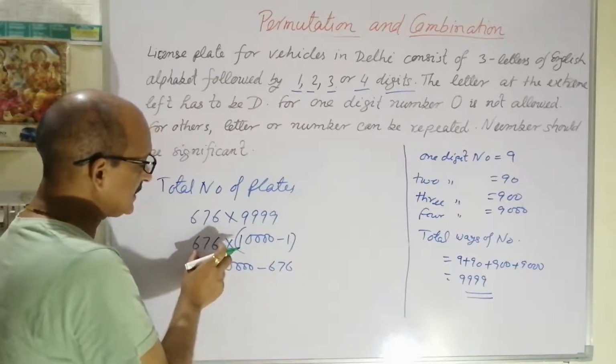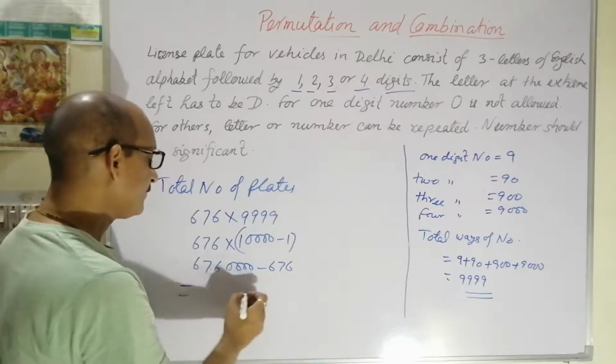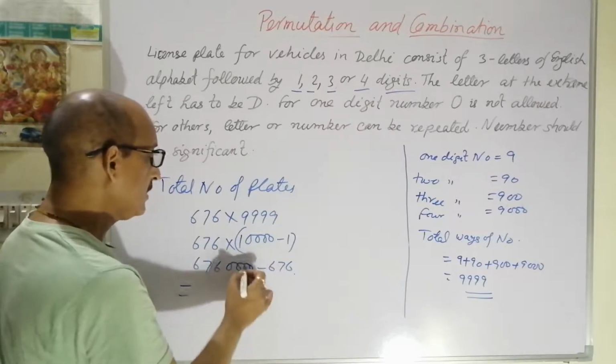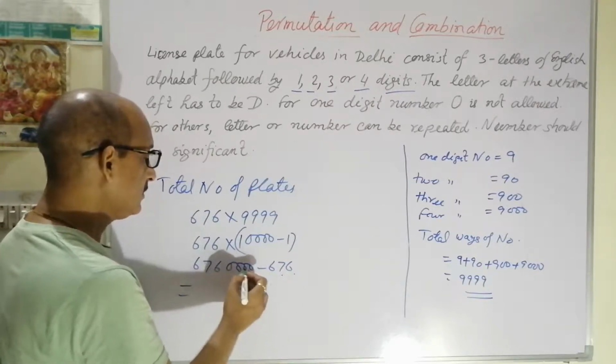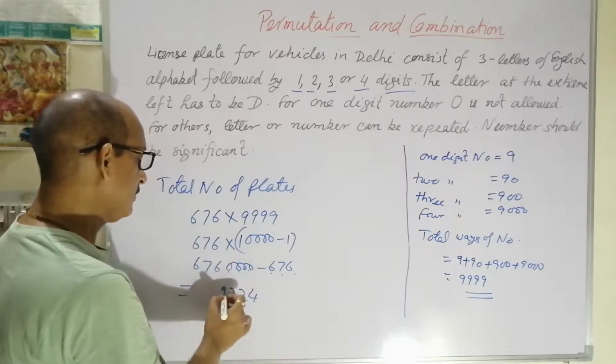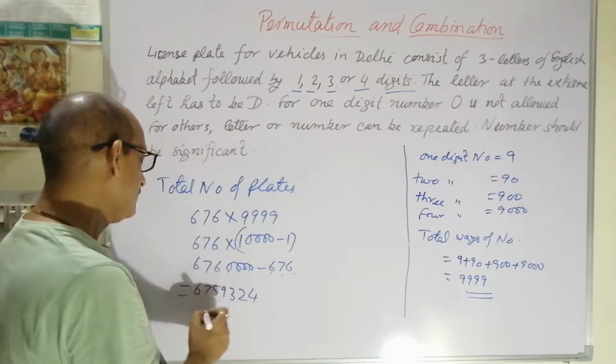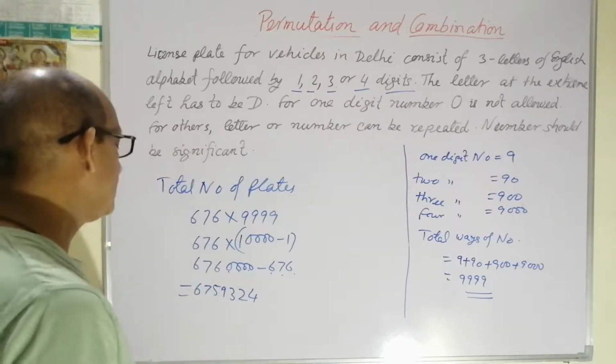So 676 is distributed on both. Get it done. 10 minus 6, that is 4. 9 minus 7, that is 2. 9 minus 6, that is 3. 9 minus nothing is there, 9 only, and it is 5. 6759324.